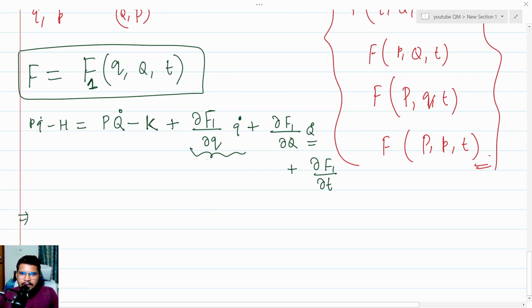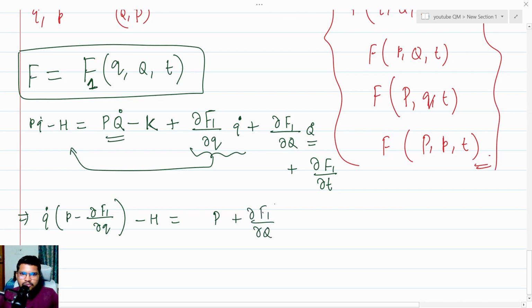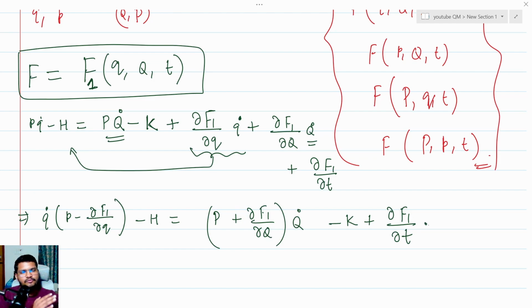I can just keep the left-hand side, q dot, and it would become p minus del F1 by del q, this q dot, minus H, plus K, del F1 by del t. I don't have to use the equation of motion from the previous Hamiltonian.